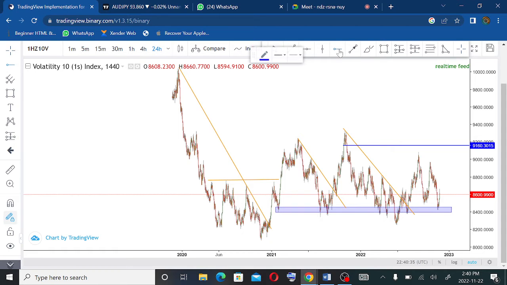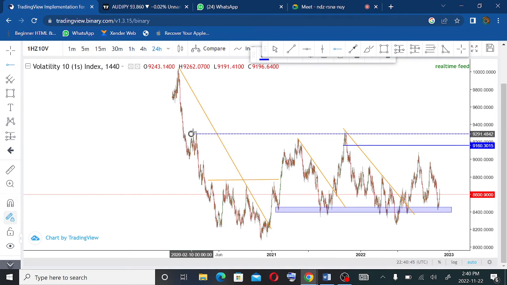And then if we should check this area, we'll find out that it's an important level. You understand? It's an important level because if you back check also, you find out that we had a break of market structure here.